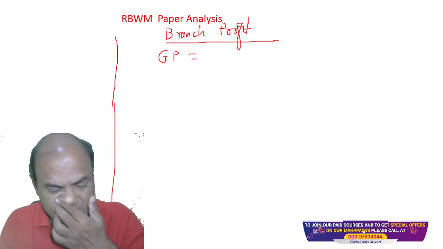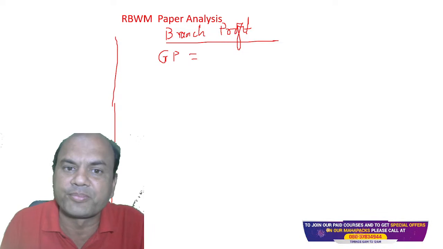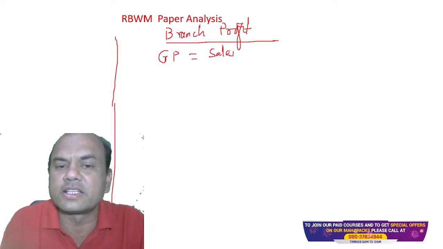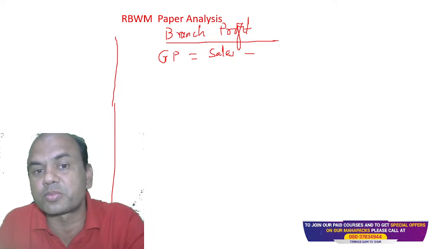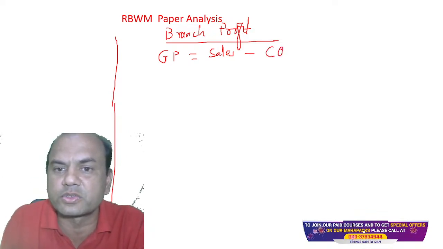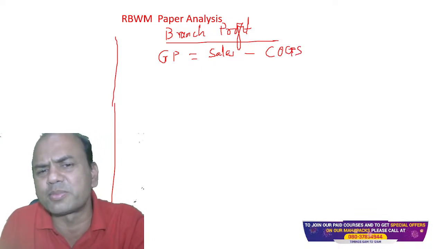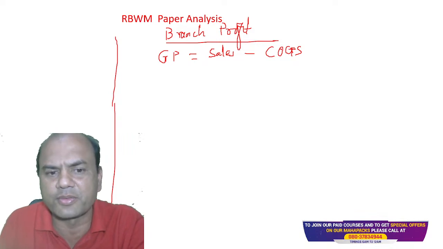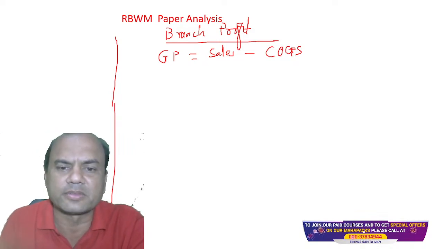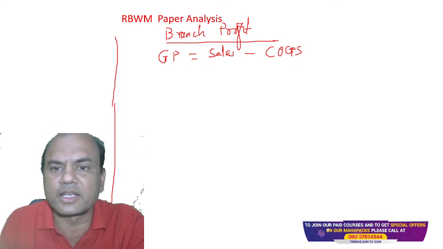In the morning shift it was asked, what is the gross profit? Gross profit is sales minus COGS, cost of goods sold. There was one case study also where cost of goods sold and sales were given. Just subtract and you'll get the gross profit. It's that simple.